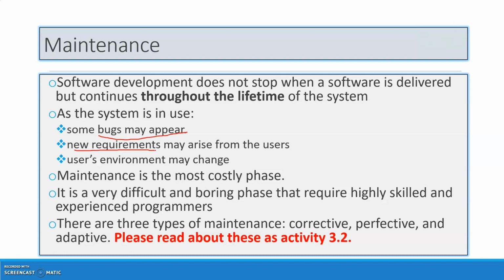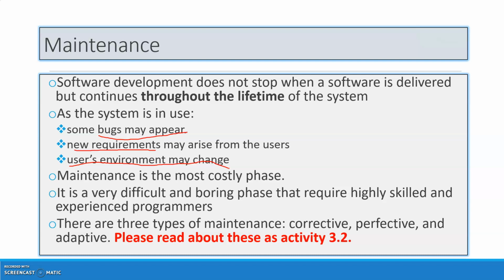So this has to be reflected in a software. So these are new requirements that may arise from the users. Sometimes users' environment may have changed. Not necessarily your software, but maybe the environment or the requirements of the software, the environment has changed. So your software has to reflect that as well.